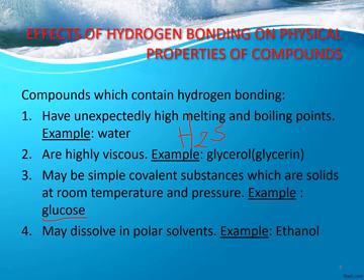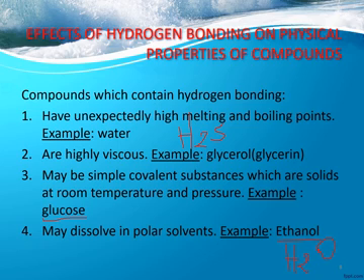We know that ethanol contains hydrogen bonding as well as water, and that is the reason why ethanol, as a covalent substance, can dissolve in water, which is also a polar substance. Why? Because they have the same type of intermolecular forces.